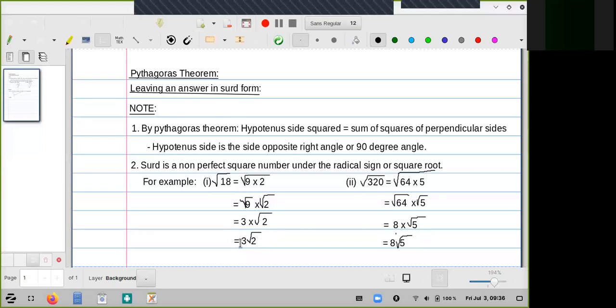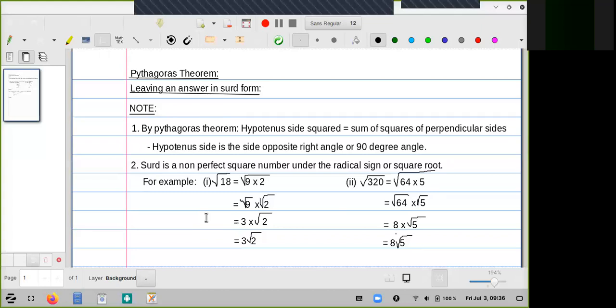So this 3 square root of 2 is now in surd form. Now, this surd form is normally used whenever we want to have an exact value, right? Which means we are not supposed to estimate it or round it off.